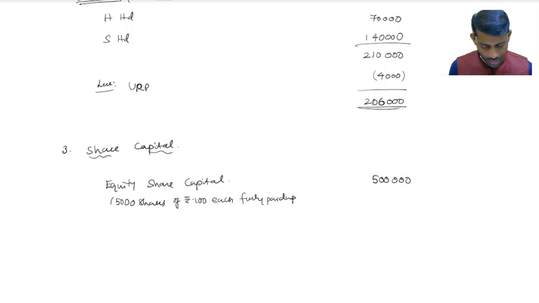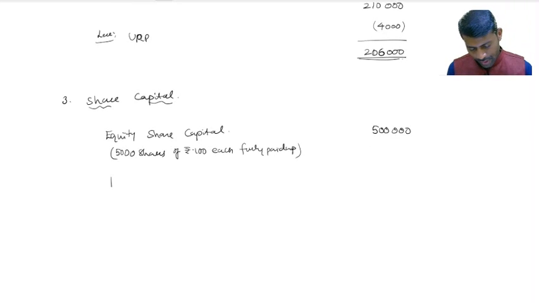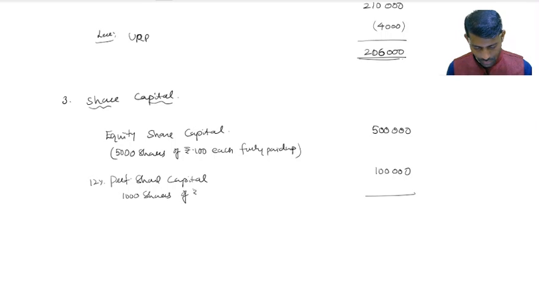We don't know whether these were issued for consideration other than cash, so I'm ignoring that. Next, 12% preference share capital, 1 lakh: 1,000 shares of rupees 100 each, fully paid.